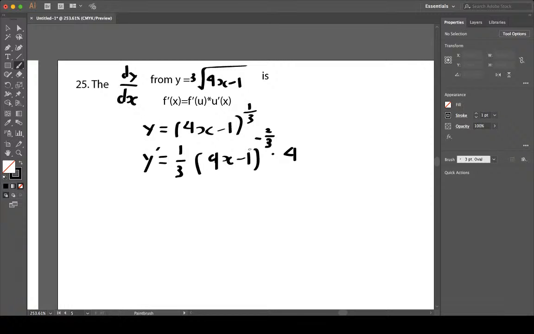So this is basically 4/3 times the cube root of (4x minus 1) squared. Sorry, squared.